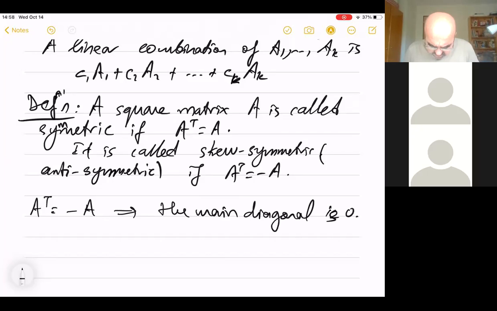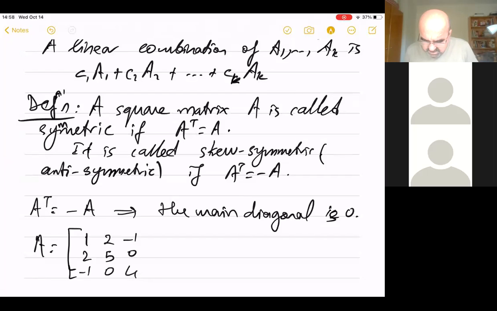So let's give some examples of a matrix. Let's say 1, 2, minus 1, 2, minus 1, and here you may have 5, 0, 0, 4, for example. This is a symmetric matrix, because when you take its transpose, you get the same matrix.